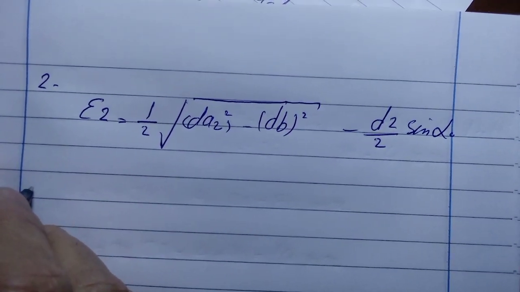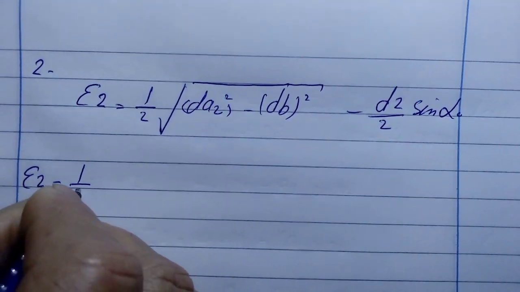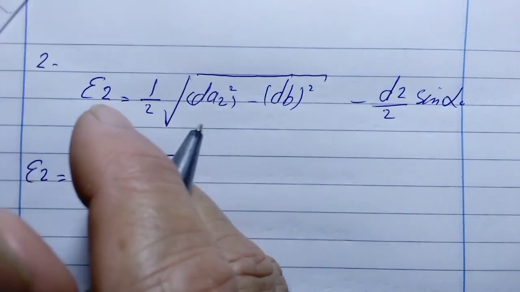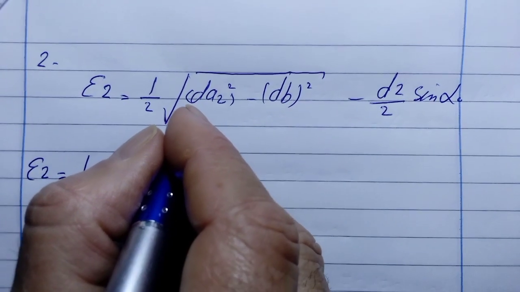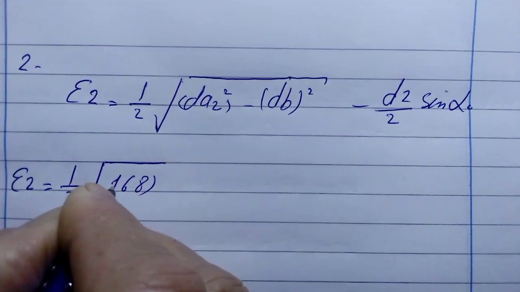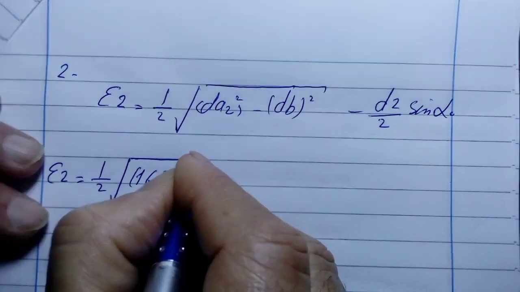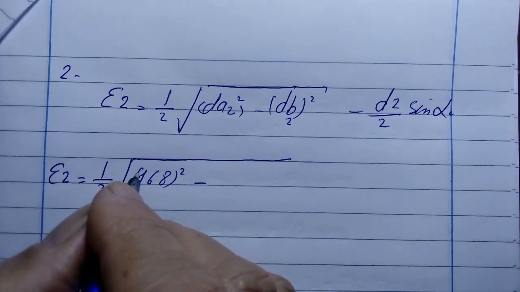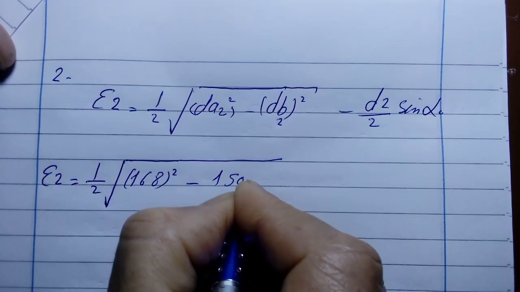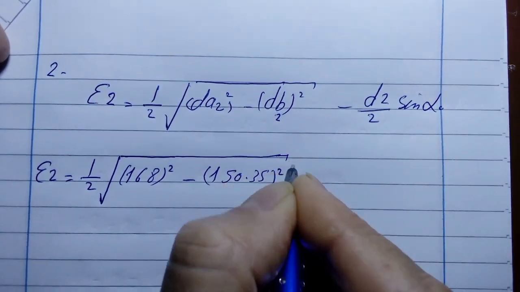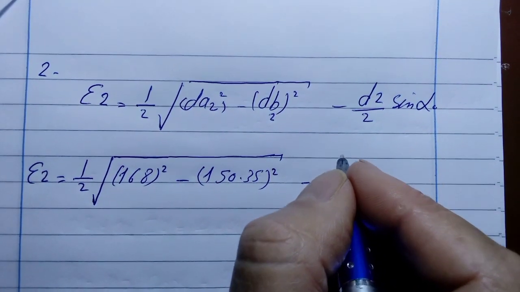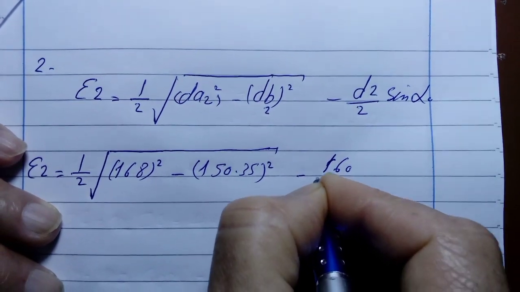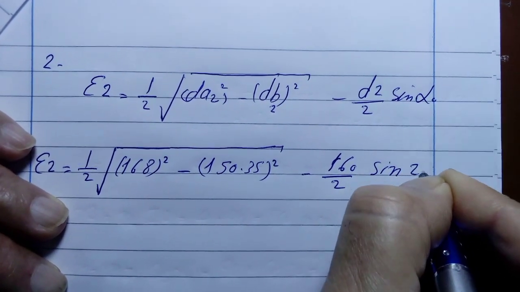So E2 will be half of the square root of 168 square minus DB2, of course DB2 is 150.35, all square, minus D2, which is 160 divided by 2, means 80, sine 20.